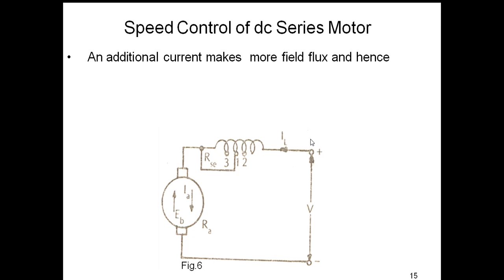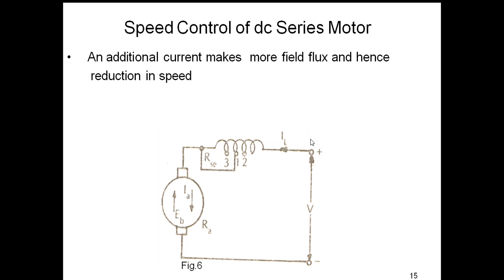An additional current which is flowing, represented as IR, makes more field flux and hence reduction in speed. This is from the formula N is inversely proportional to 1 by phi.